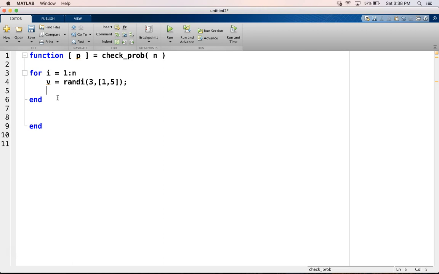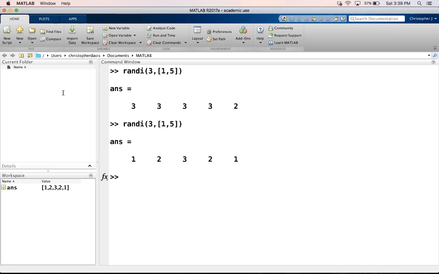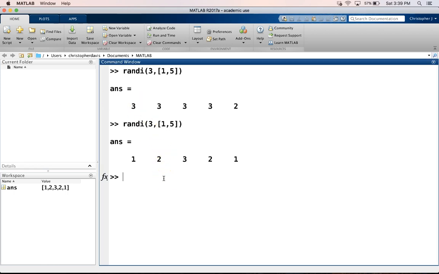So how can I do that? Well, one way to think about it is I can ask, is v equal to sort of v? That's the question I want to ask. And remember how this equals equals works with vectors. So as an example, let me go back to the command window and let me look at [1, 5] equal [1, 3].